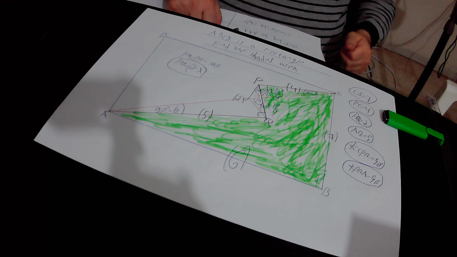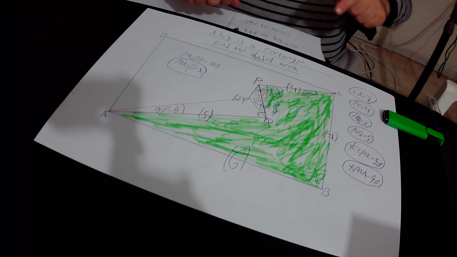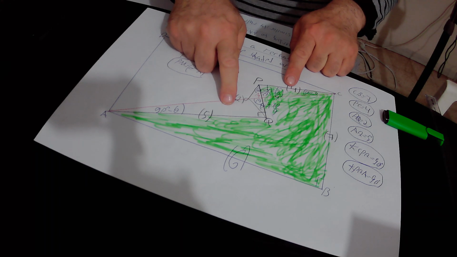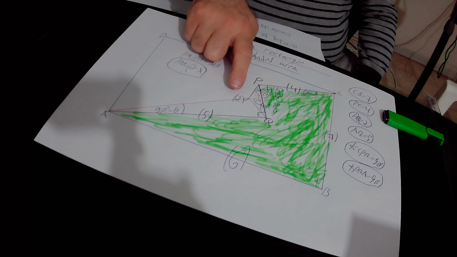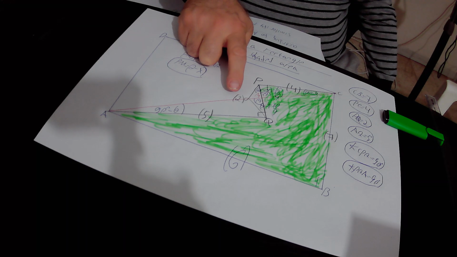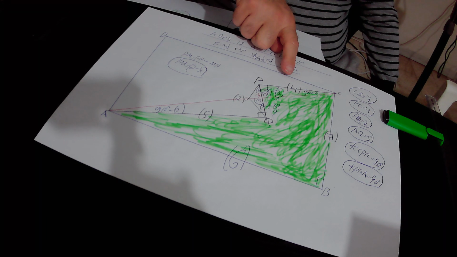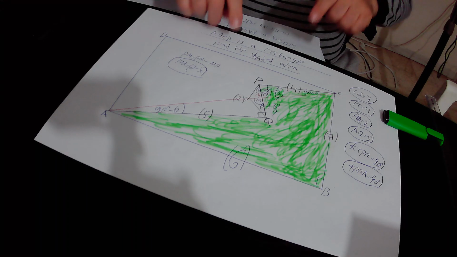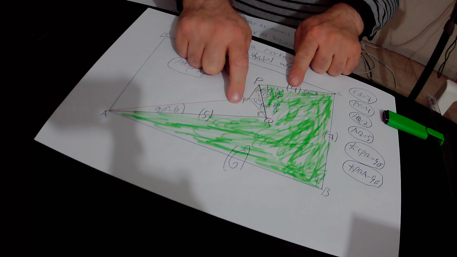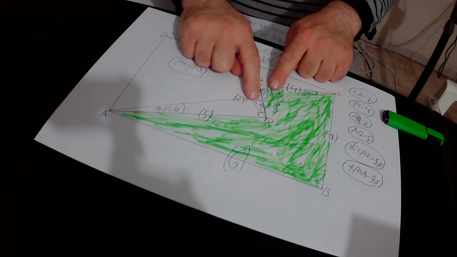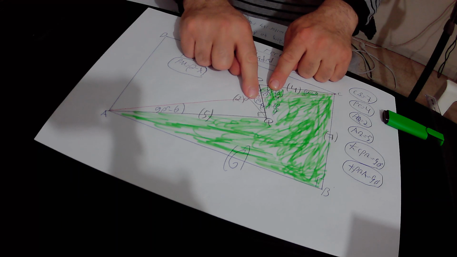In the next step, we prove that those two right triangles are similar to each other: right triangle AMQ is similar to this small green triangle PMC. Why? First of all, those two angles are both equal to theta.